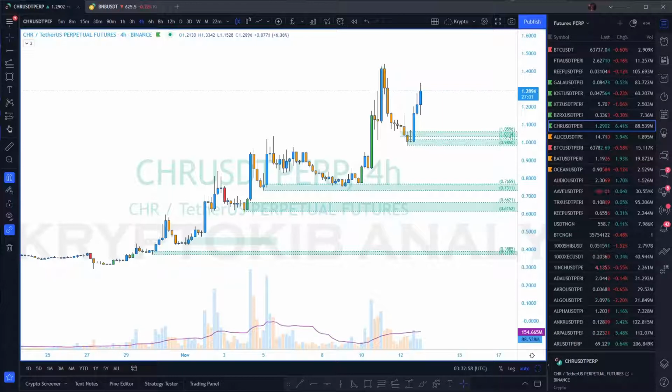Especially when you are reading market structure, you need to know which pullbacks are valid, and identify and validate them to know that, okay, this is a valid pullback and not just some consolidation or sideways movement that you are taking as a pullback.